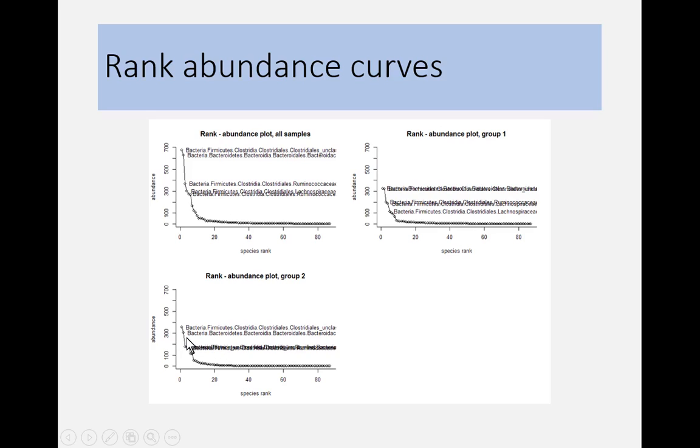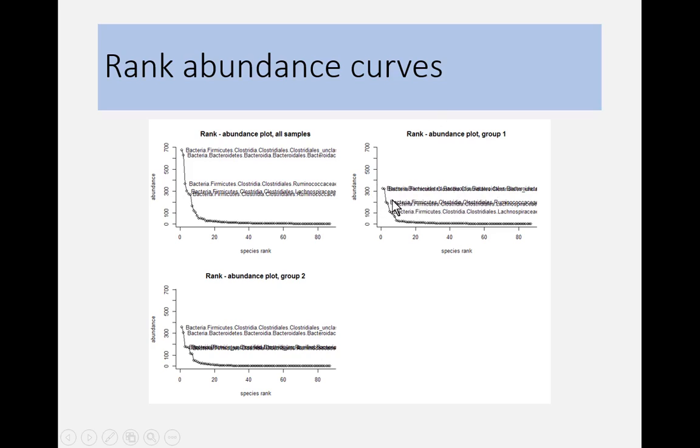For example, you can see that Clostridialis is the top most abundant group in sample group 2, and it also comes on top in group 1. But you can check if everything is equally abundant, then this would just be a flat line.